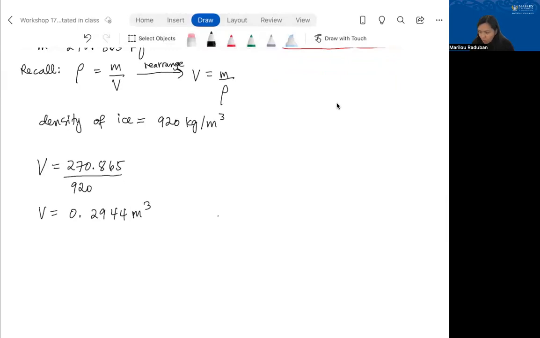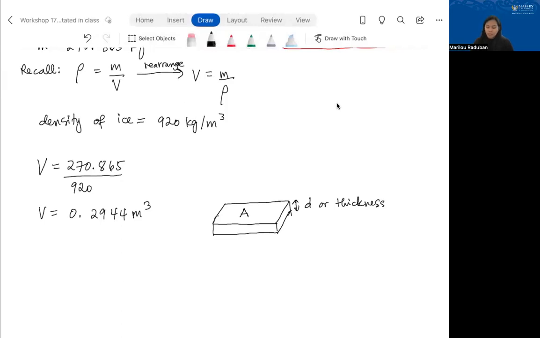So if we draw the sheets of ice, okay, the volume of the sheet of ice is the area times the thickness of the ice.